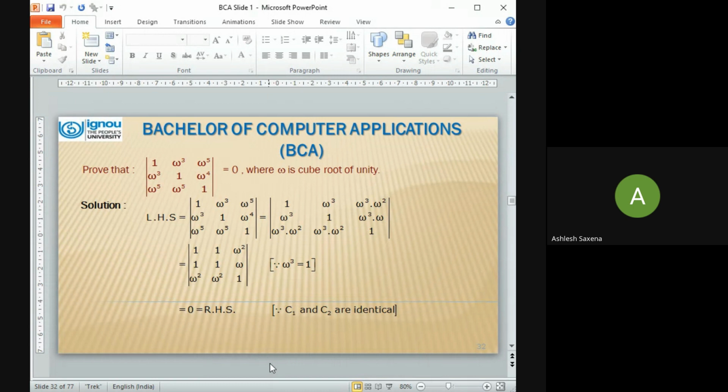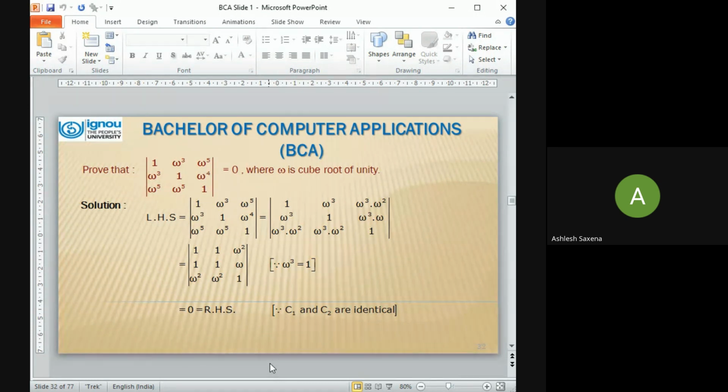Omega 5 can be broken as omega 3 into omega 2. As the coefficients are being multiplied, the powers will be added up. So 5 can be split as 3 plus 2. So omega 5 can be written as omega cube into omega square.